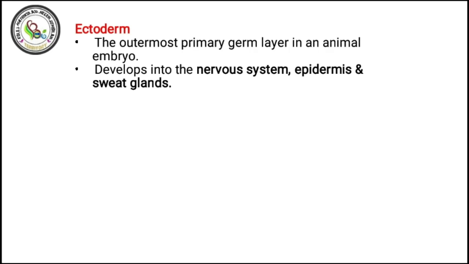The ectoderm is the outermost primary germ layer in an animal embryo. It develops into the nervous system, epidermis, and sweat glands.